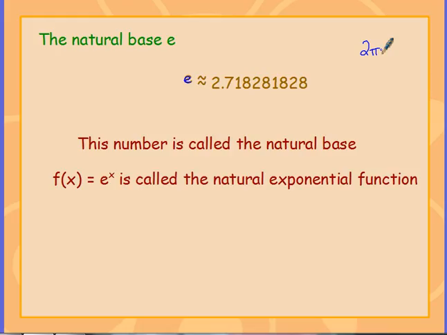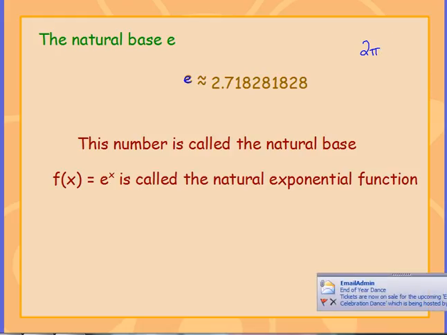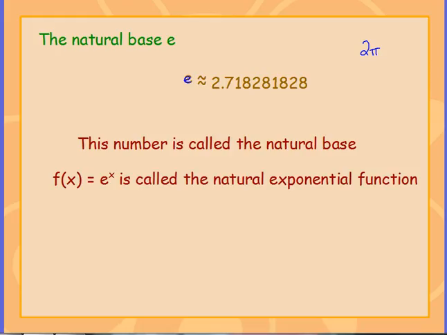So E is the same way. When you see E, it is not a variable. It is a number. Does everybody understand that? It is a number. It's approximately 2.718282. I'm not asking you to memorize that. I'm just letting you know that it is a number. It's a constant. Okay? It's called the natural base. It's called the natural base because it happens a lot in nature.